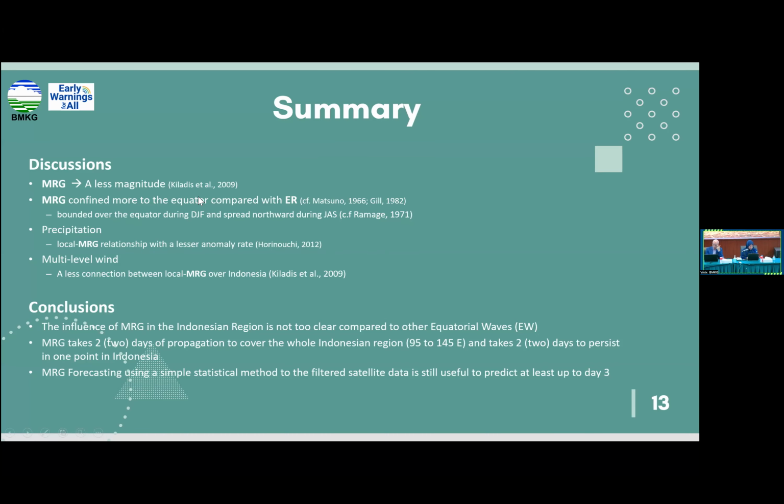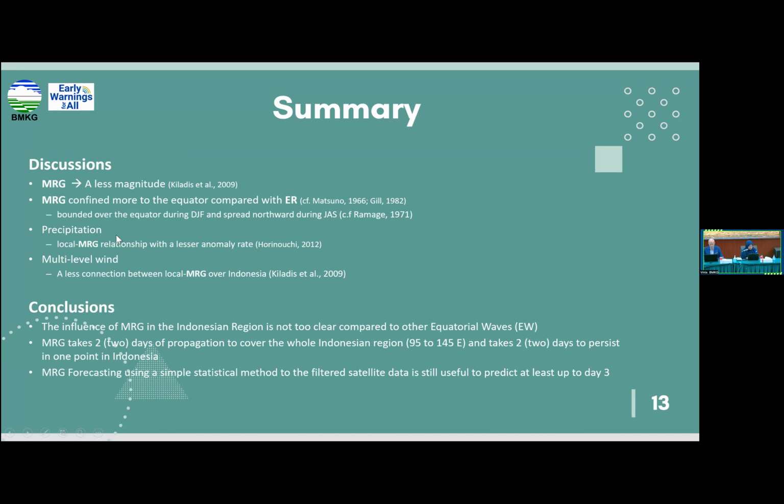And here we have the summary, the conclusion. From the discussion with other papers, mixed Rossby-Gravity has a lesser magnitude, especially in the Indonesian region, and the wave is confined more to the equator compared with equatorial Rossby, which is also in line with papers from Matsuno and Gill.